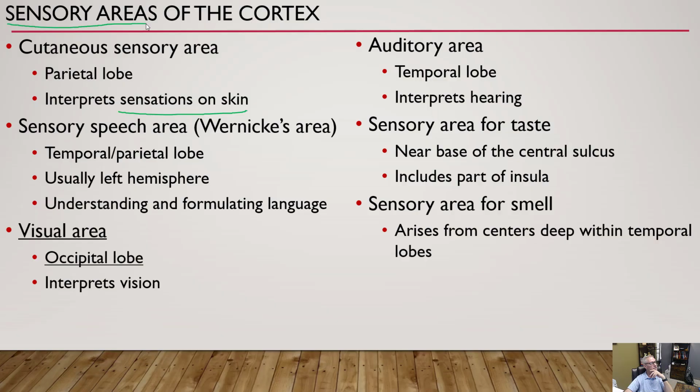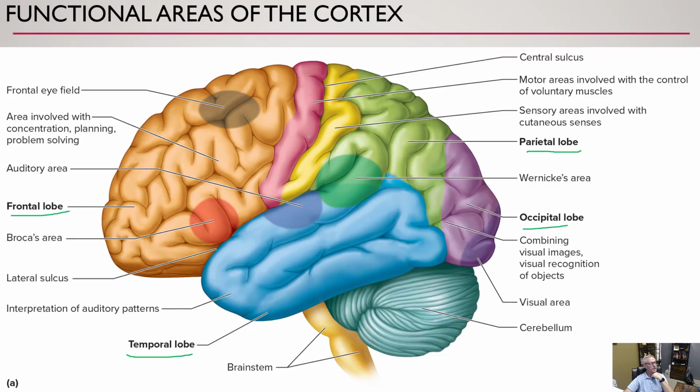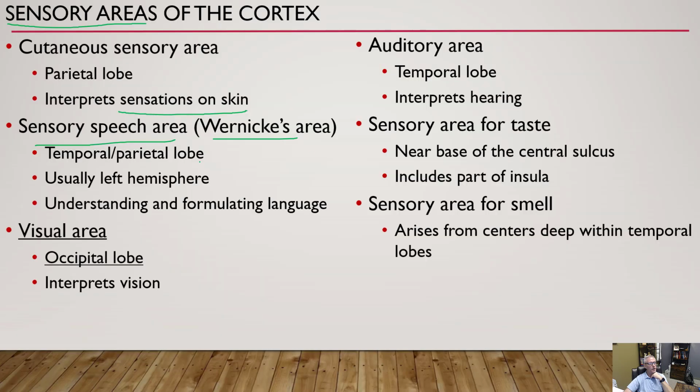The sensory area for speech, we actually call that Wernicke's area. That's right here. It's partly in the temporal lobe, partly in the parietal lobe. It's usually in the left hemisphere, and we'll get to that later on.